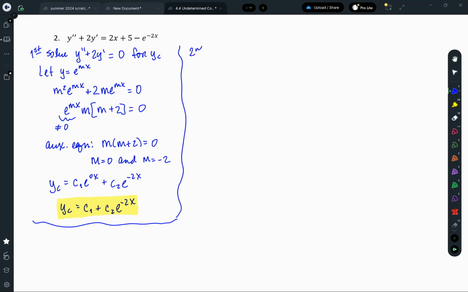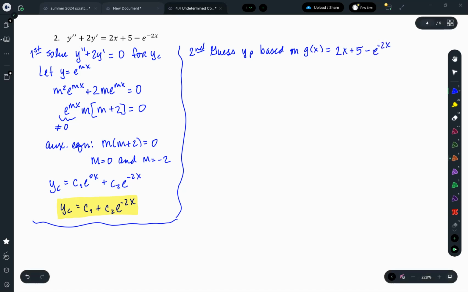Okay, so second, we are going to guess y sub p based on g of x equals 2x plus 5 minus e to the minus 2x. Now what I want you to notice is 2x plus 5 all together is one linear equation. It's not two separate things.